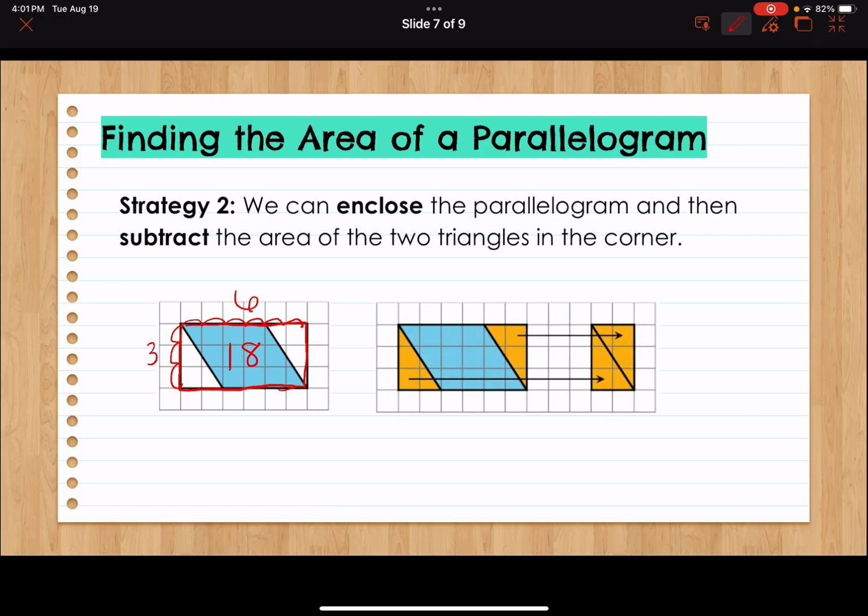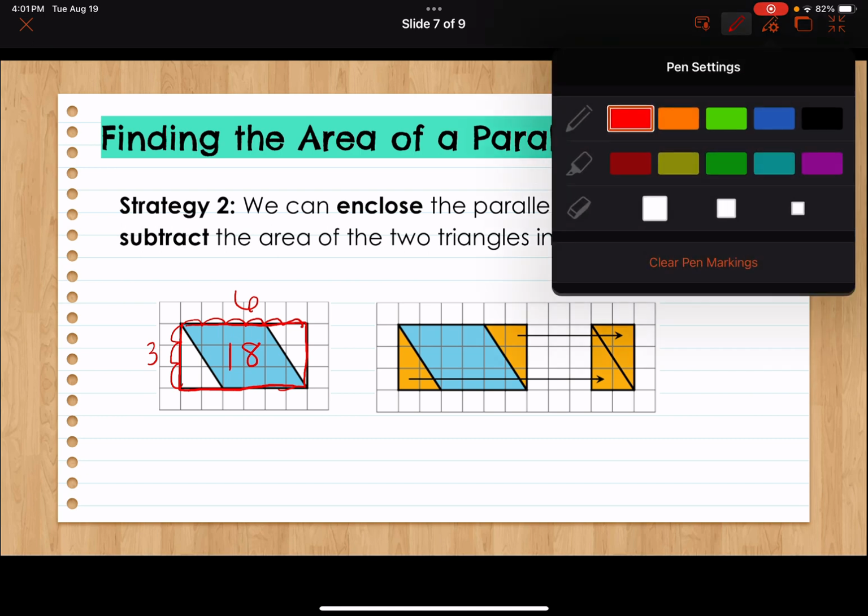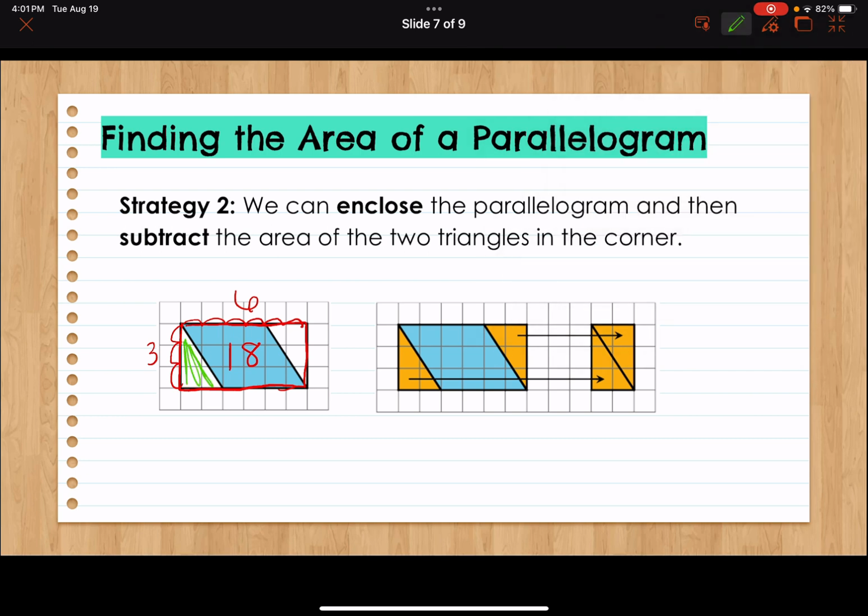We need to subtract these extra triangles that we created when we enclosed it. So whenever we take these 2 triangles that we drew and put them together, that is a 2 by 3 rectangle. Yep, 1, 2, 3. And that is a total of 6 square units.